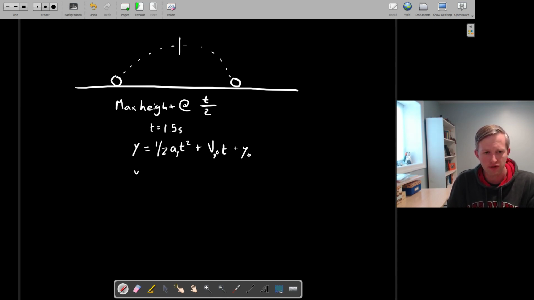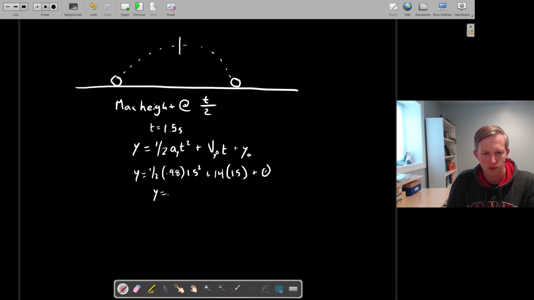Gravity is still negative 9.8, time is 1.5 seconds squared, plus we had an initial y velocity of 14, multiplied by 1.5 seconds, and we had no initial y displacement.